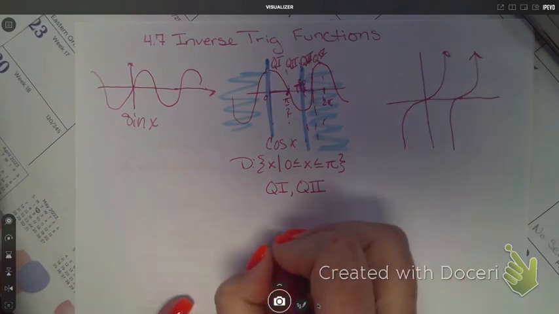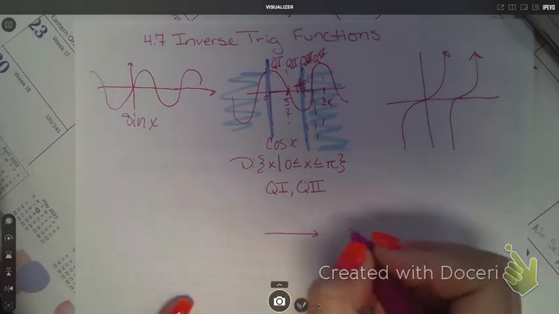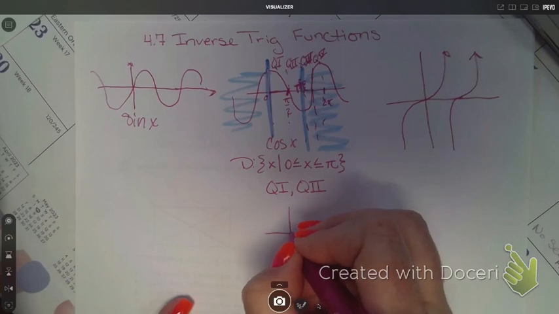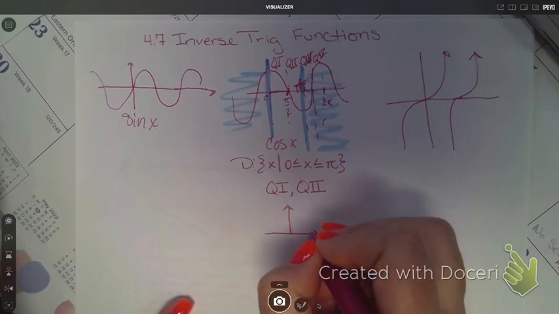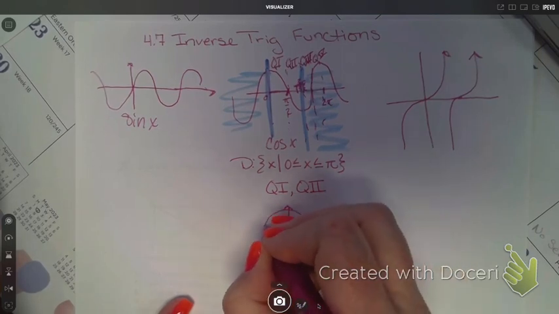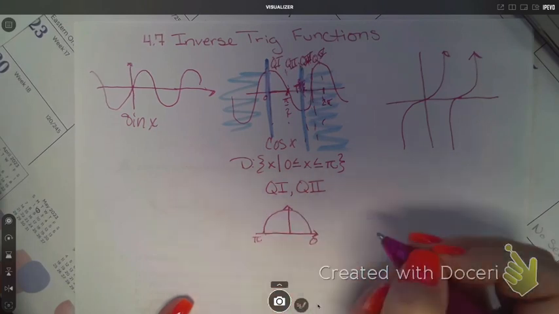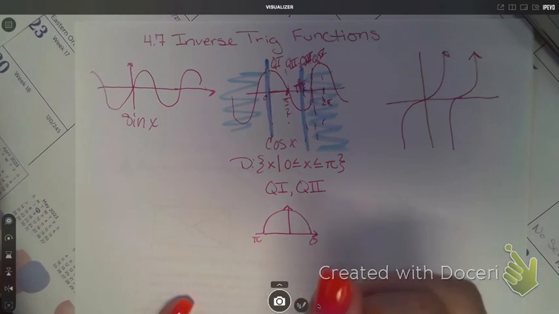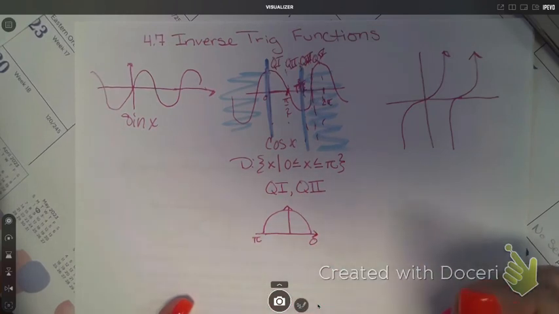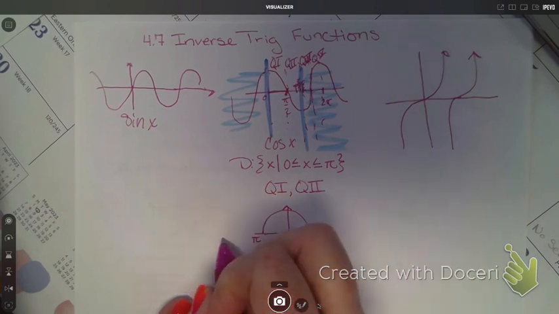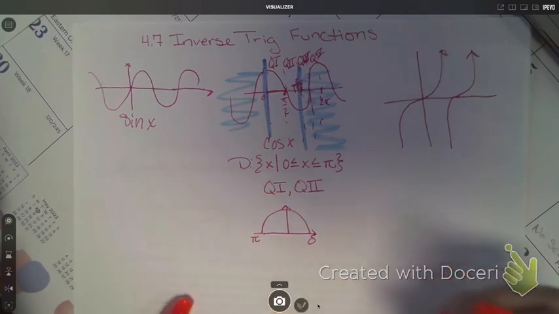So cosine now only exists in quadrant 1 and quadrant 2, so from 0 to pi. Does 3 pi over 2 exist in the world of cosine anymore? No. It's like Christopher Columbus sailing off the edge of the earth. He can't come back. Got it? That makes sense.